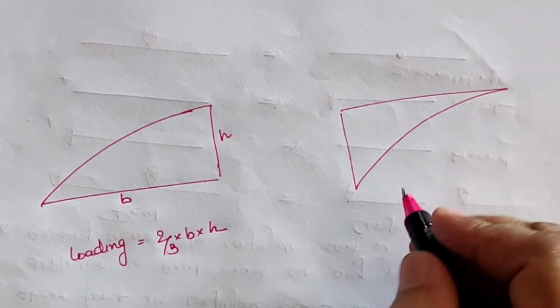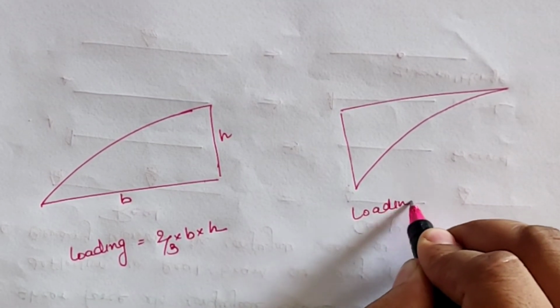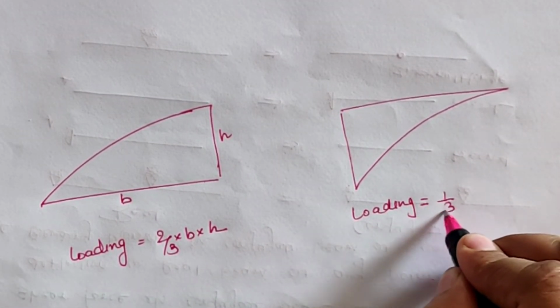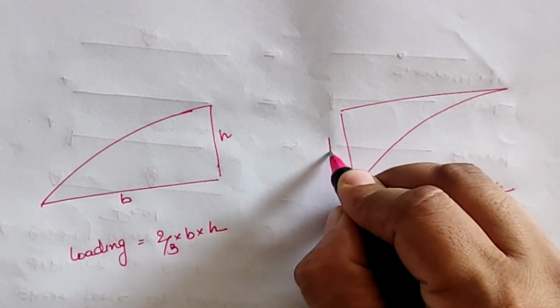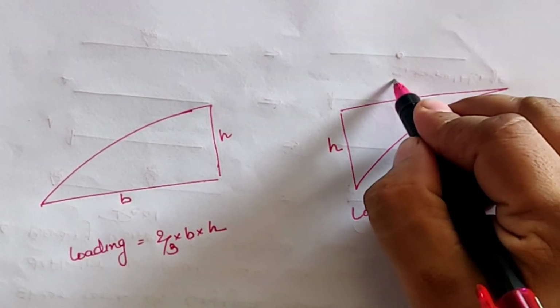And for this type of curve, we have the total loading as 1/3 into B into H, where H is the rate of loading while B is the base of the given curve.